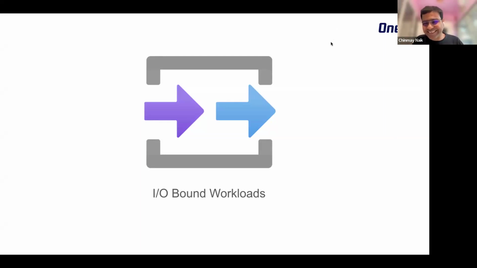This way we looked at Amdahl's law and the universal scalability law in terms of how they impact our application performance, and how we need to think about our workloads, right?